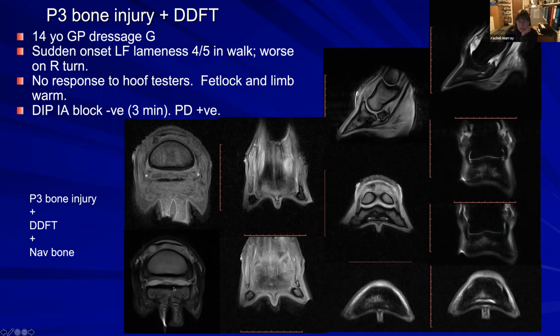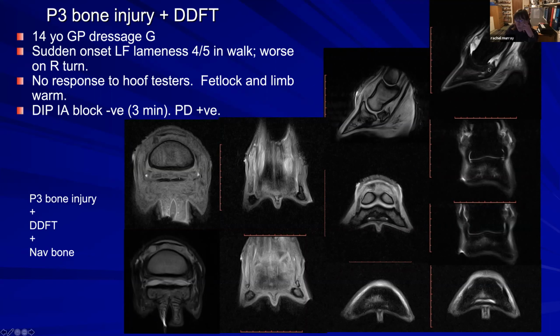So we have got a deep digital flexor tendon injury, but what I felt fitted better with what was going on, or certainly might be part of what was going on, was this marked increase in fluid signal within the distal phalanx in the flexor aspect, but also extending dorsally from the area of insertion of the impar ligament.